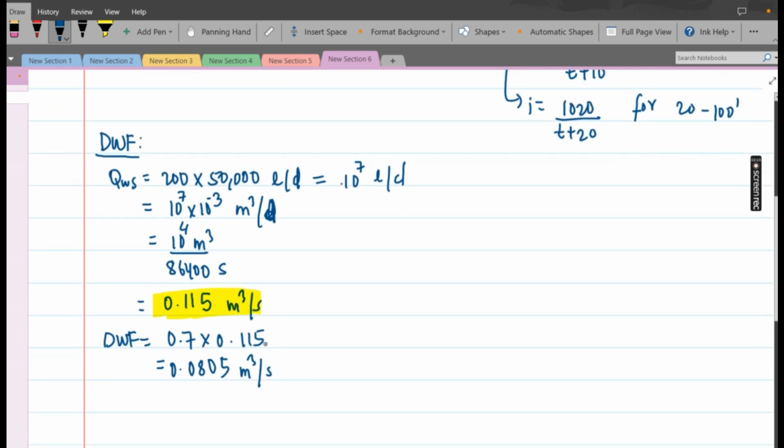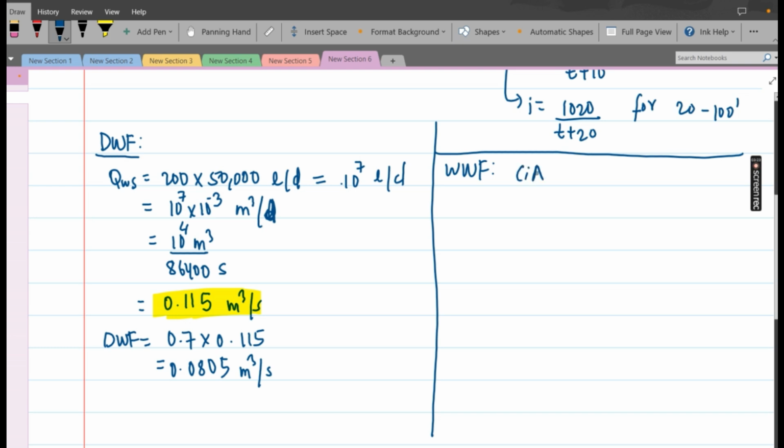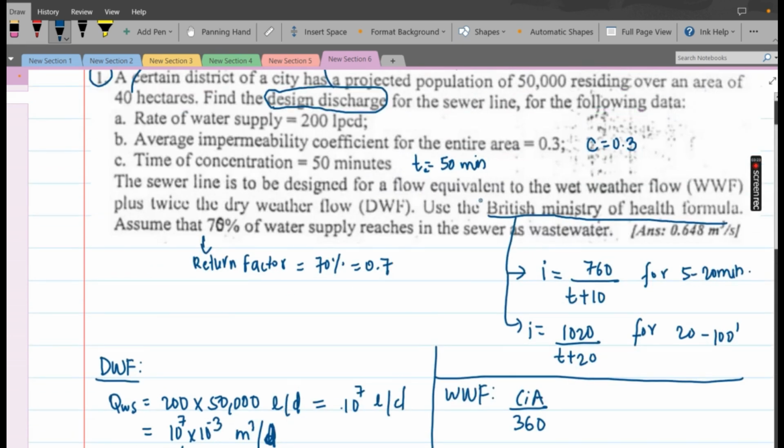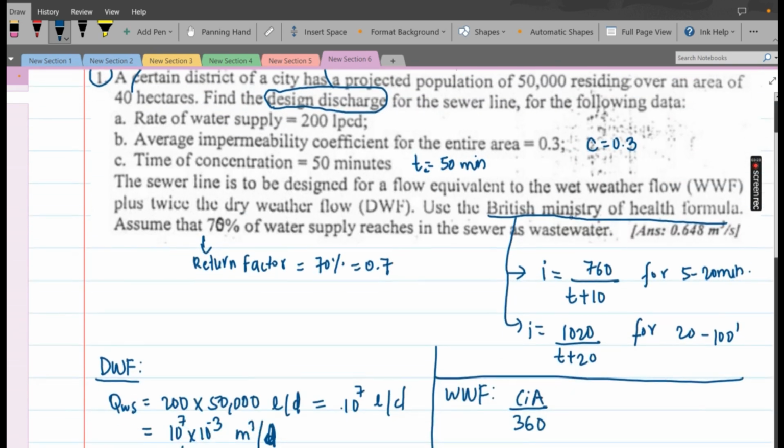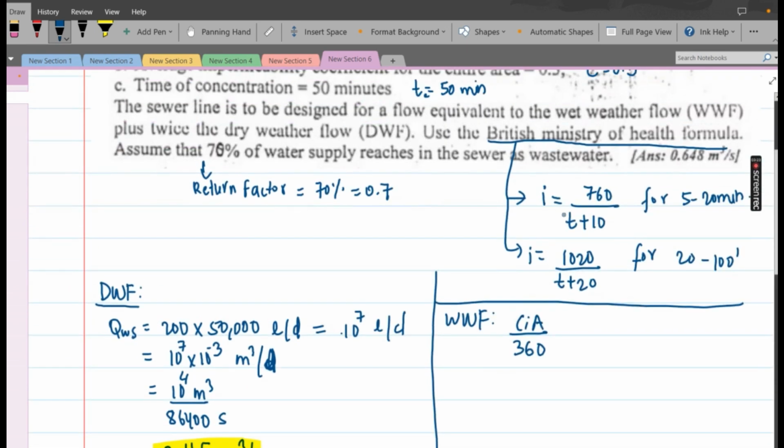Now let's calculate the wet weather flow. We know wet weather flow is CIA by 360. C average is given as 0.3, I we need to calculate from the British Ministry of Health formula, and A is given as 40 hectares.